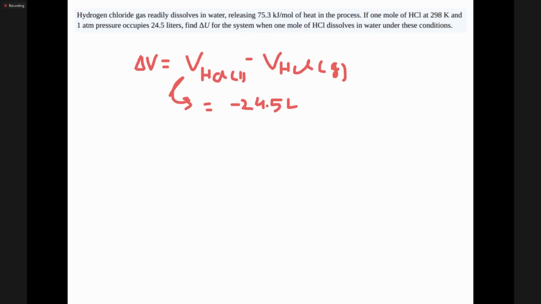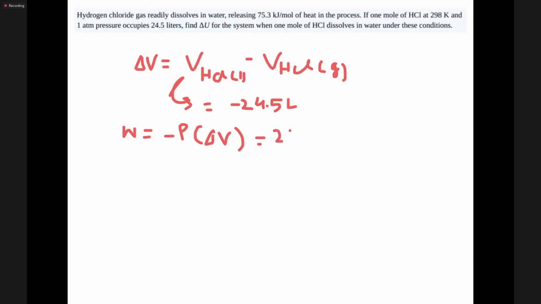So delta V is this one. Now if we calculate W, which is the work done, it will be minus P delta V. P is taken as 1 atmosphere because it is under atmospheric pressure. So we will have minus of 1 atmosphere into minus of 24.5 liters.